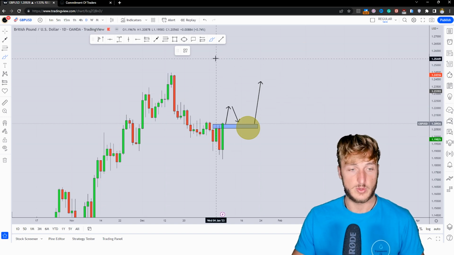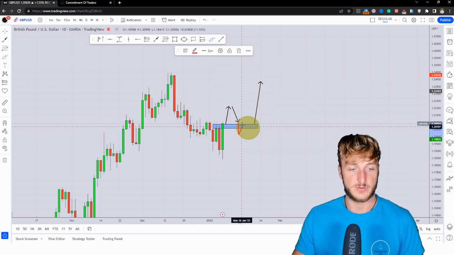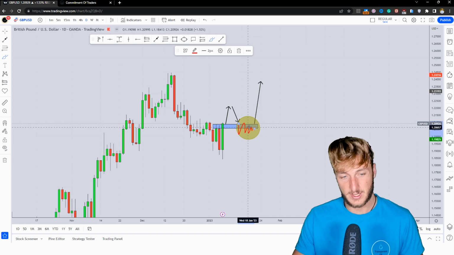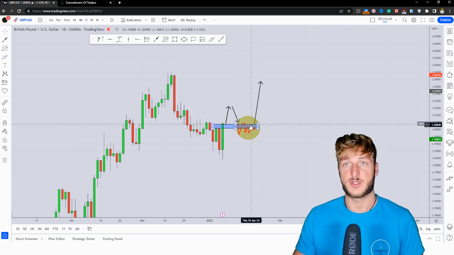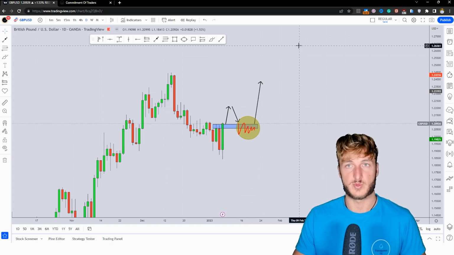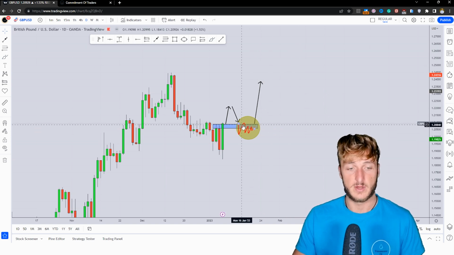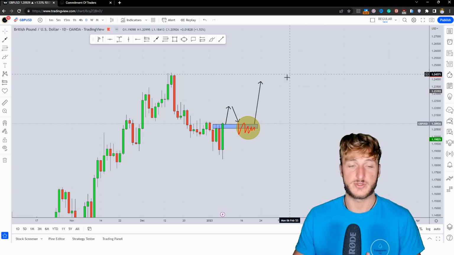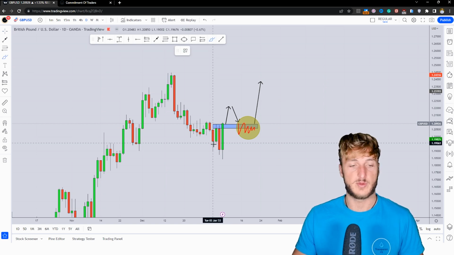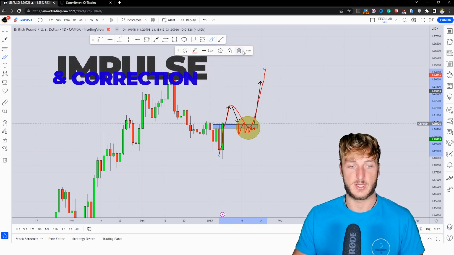Therefore, what we could be doing is monitoring price action from an intraday perspective during this move to the downside, waiting for the market to shift from an intraday bearish market as we would have to an intraday bullish market. And if the market would shift from an intraday bearish to bullish market and provide to us one of our valid entries, at that point we could be looking for a potential rejection to the upside for the market to complete this impulse correction and impulse pattern to the upside.